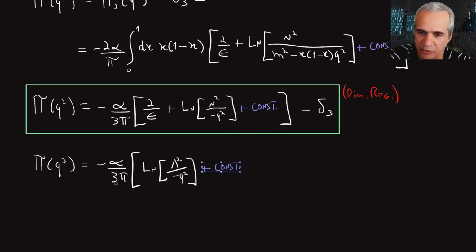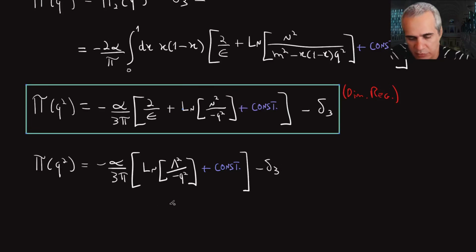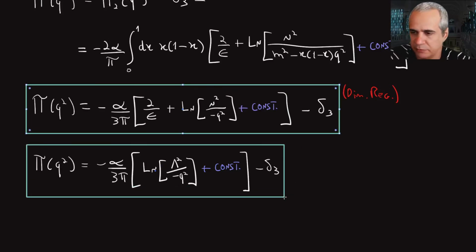Depending on how you do this calculation, it is even 0, but in general, you could have numbers there. So this is what you get in Pauli-Villars.